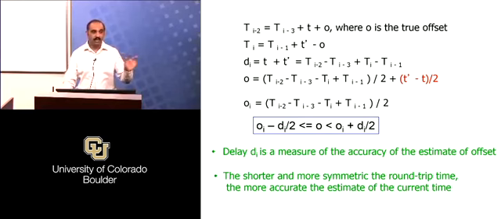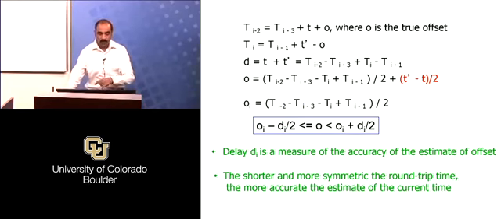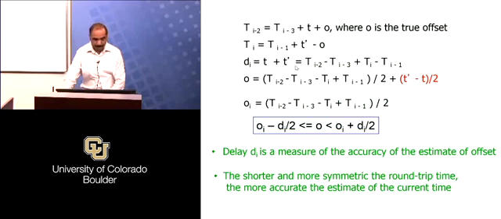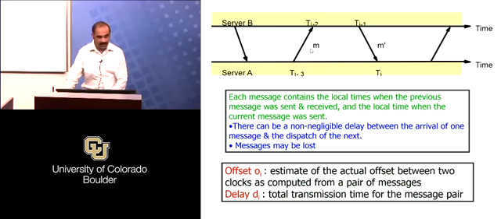We don't know either T or O. So T_{i-2}, the time that the message is received, is the time it was sent, plus the offset between the two clocks, plus the transmission time of this message. You got that?